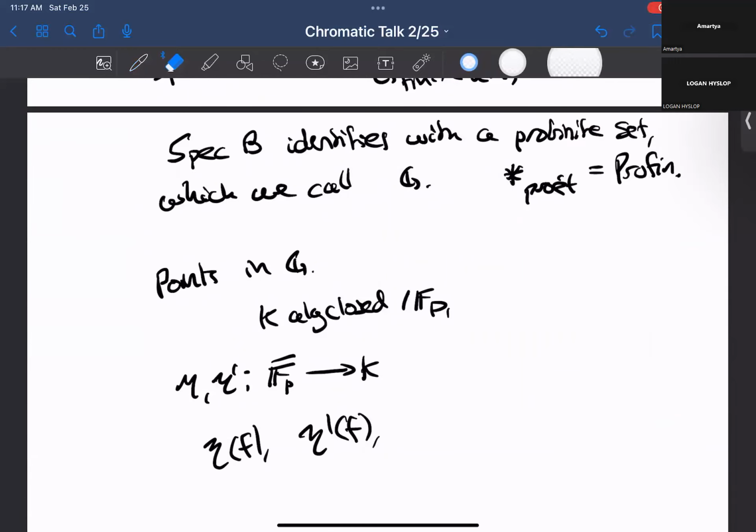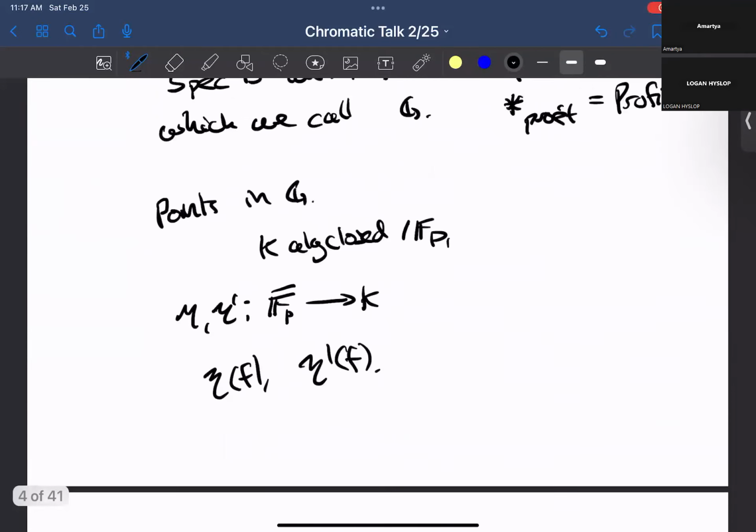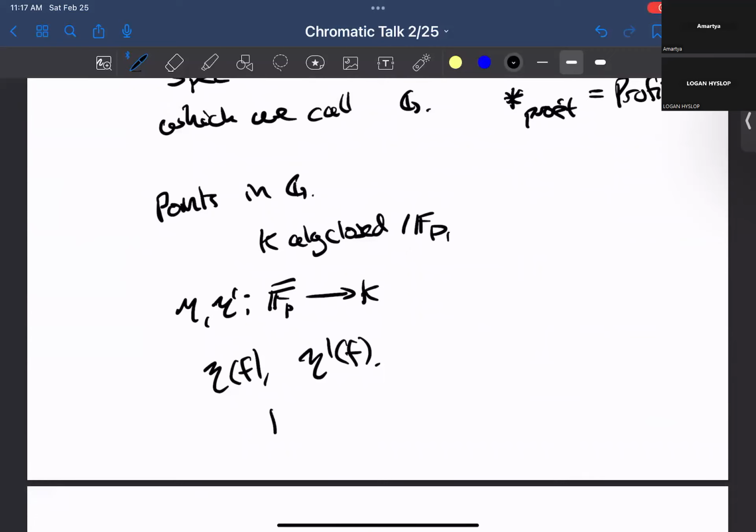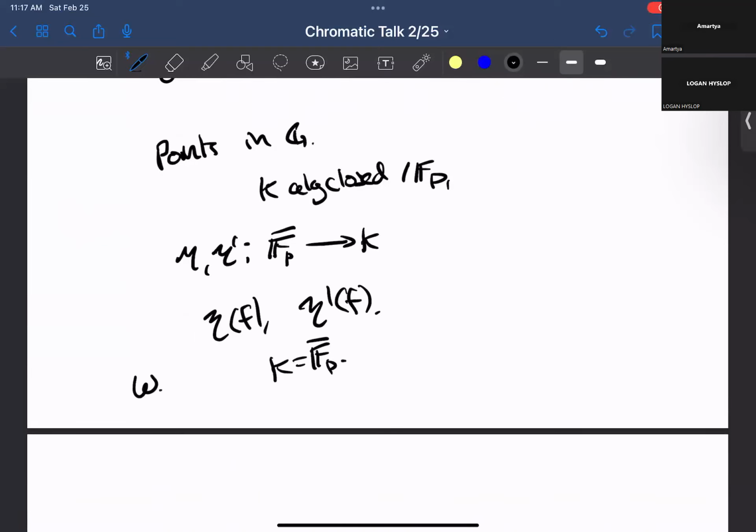Now, since K is algebraically closed, there's only one formal group law, and we may as well assume that K is equal to FP bar by replacing it with something smaller if necessary. And then we can choose one of these.